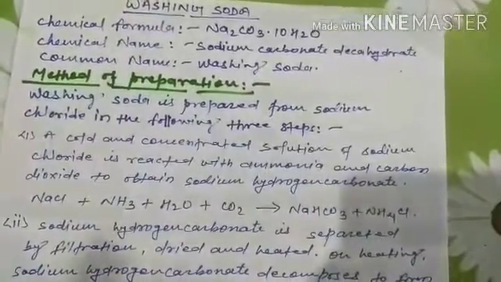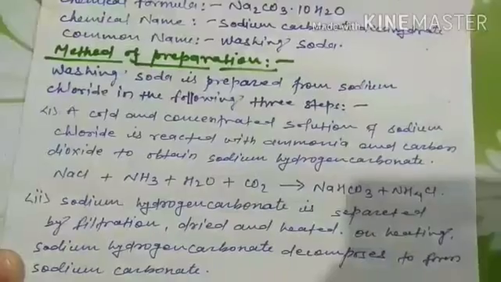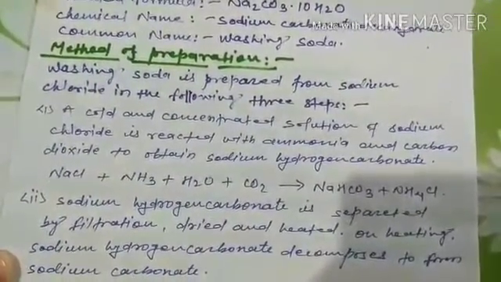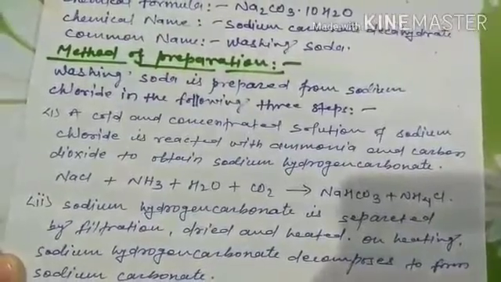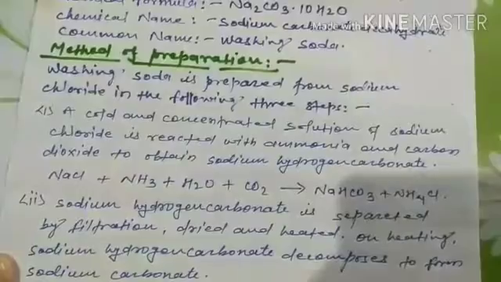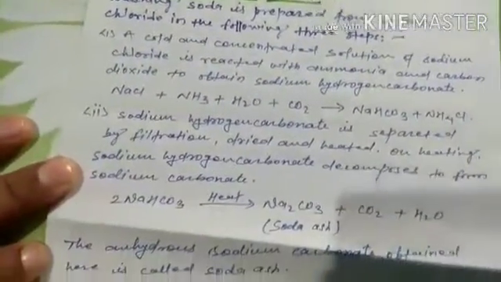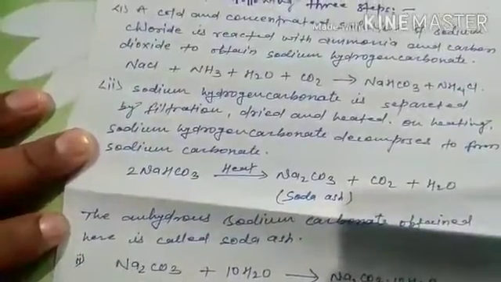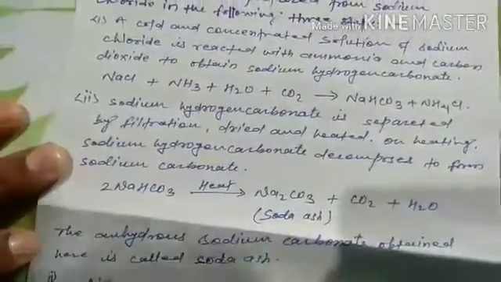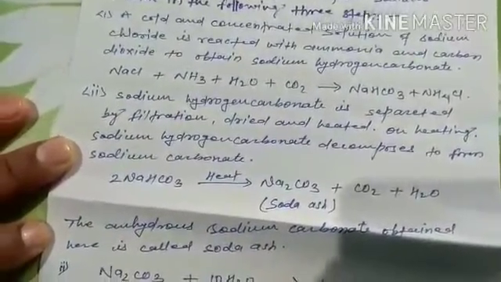Now, method of preparation of washing soda. Washing soda is prepared from sodium chloride in the following 3 steps.